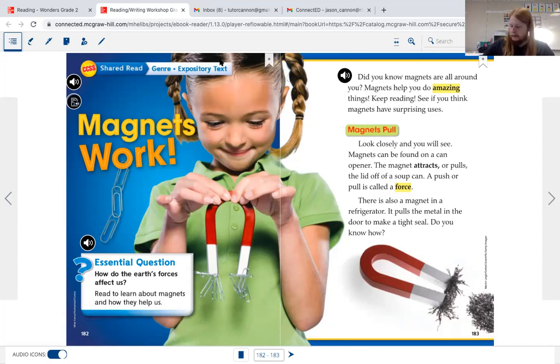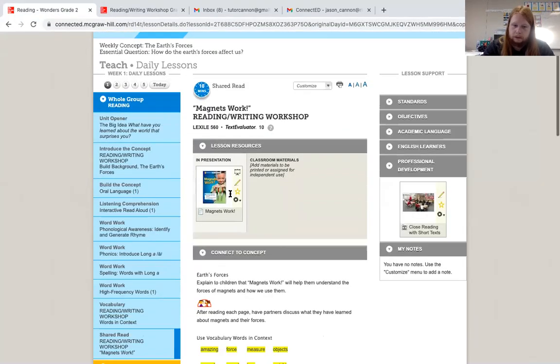And I'm going to give you a second to get your bearings straight so I can pull up my magnet story on my book as well. That way I can get everything you need. Okay, let's see. Okay, I just want to make sure I have the right.